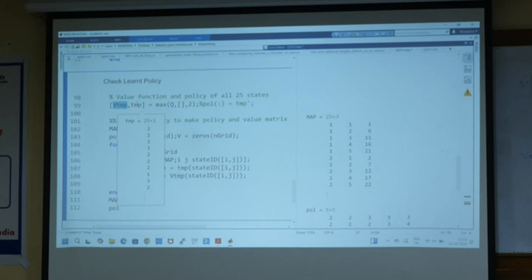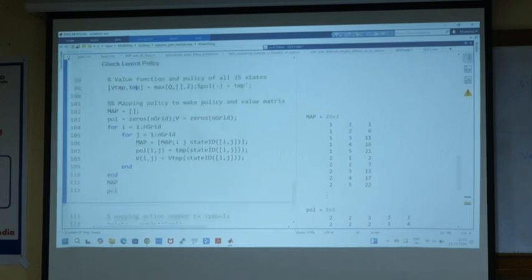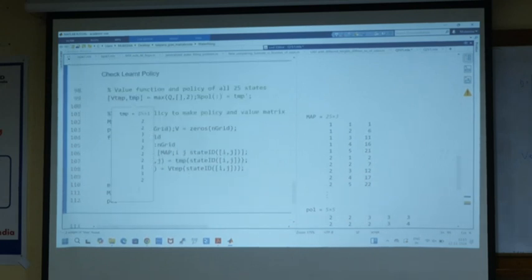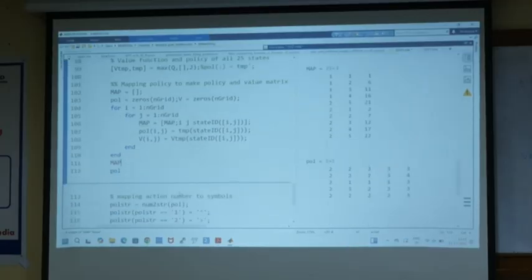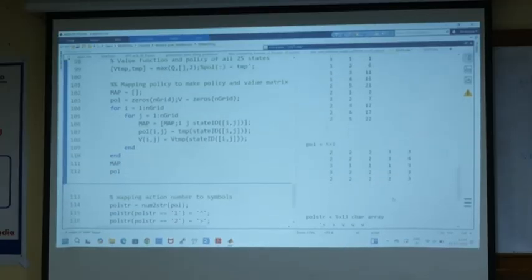So this action vector I can represent in terms of a matrix also. Here I just converted it into matrix form. I represent it in terms of this policy POL.